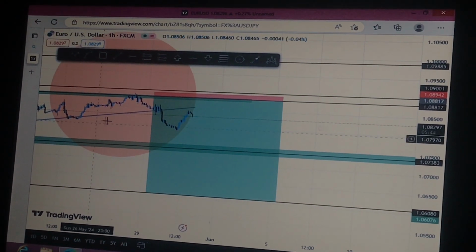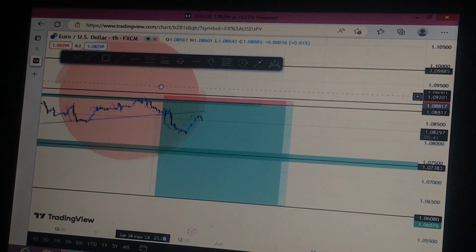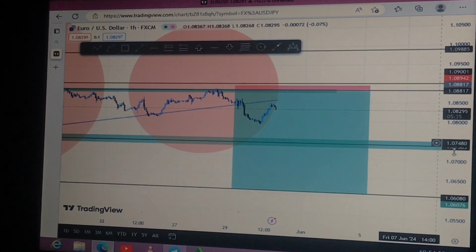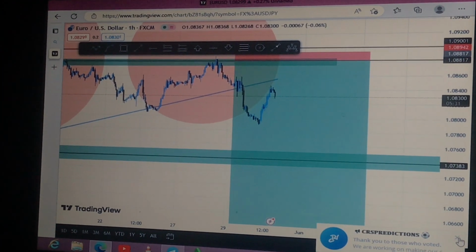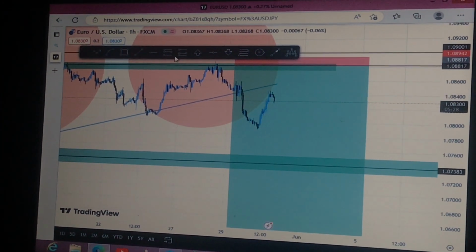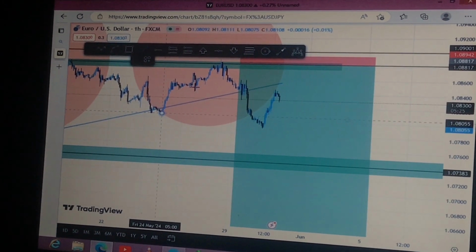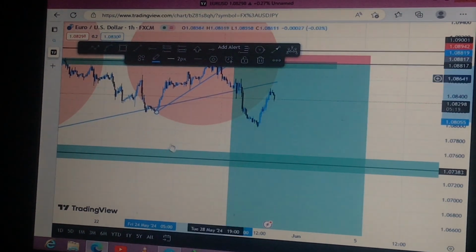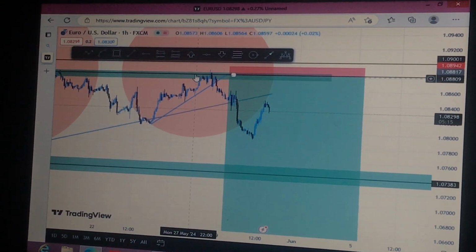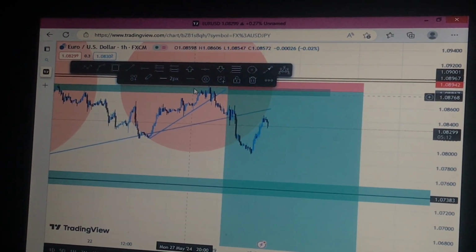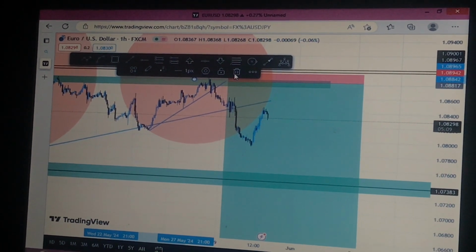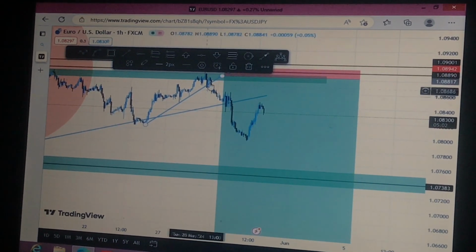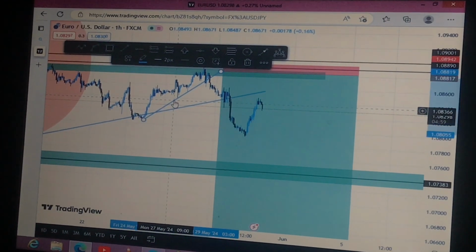When I got here and figured out the 1 hour, I saw that I have a minor pattern, which was something like this one. I had this minor pattern.